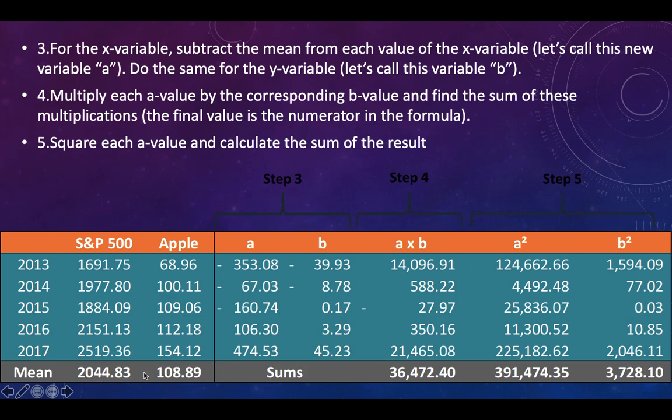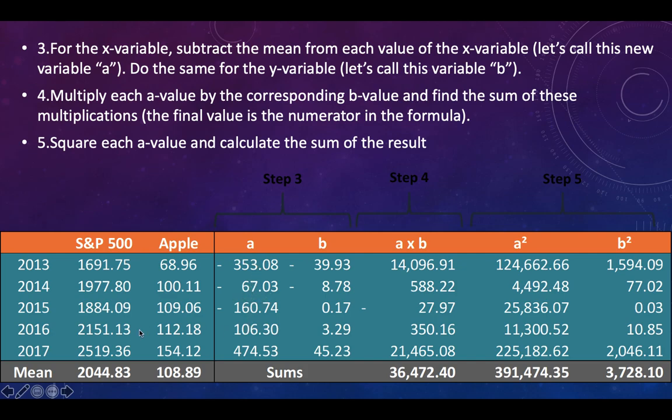It came as minus 353.08, because 2044.83 is a higher value than 1691.75, so you get a negative value. Similarly I did it for 1977.80 minus 2044.83. I again got a negative value, minus 67.03.